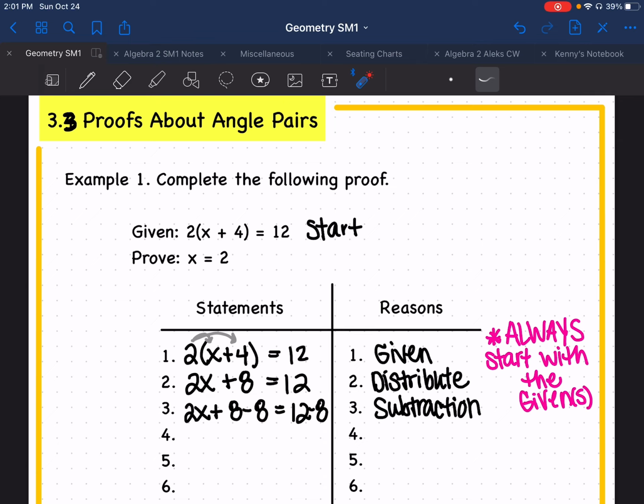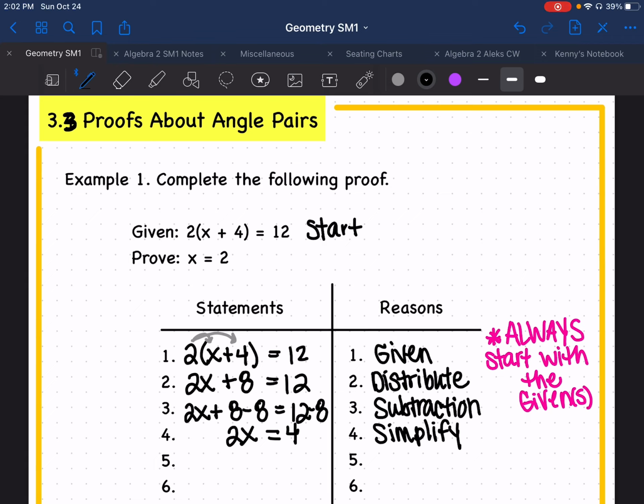Now watch what I'm going to do in the next one. I'm going to say, well, the 8 minus 8 would be 0 and give me 2x. And 12 minus 8 would be 4. I've actually gone ahead and done the subtraction in this step. This is not the subtraction property. This is actually doing the operation, which we call simplify.